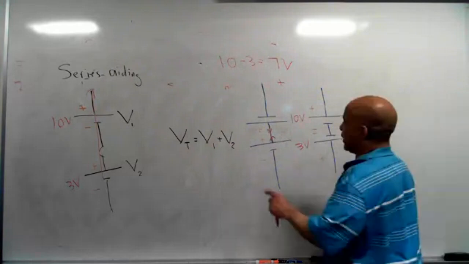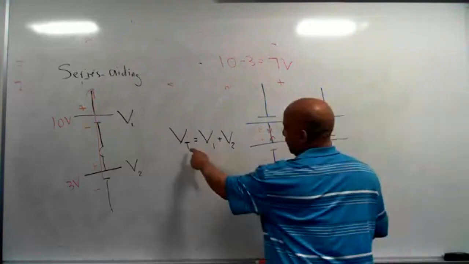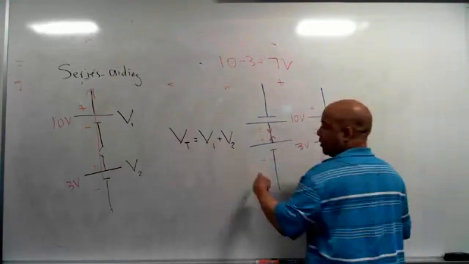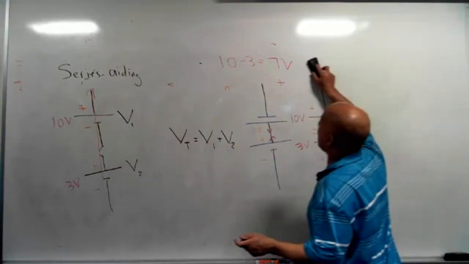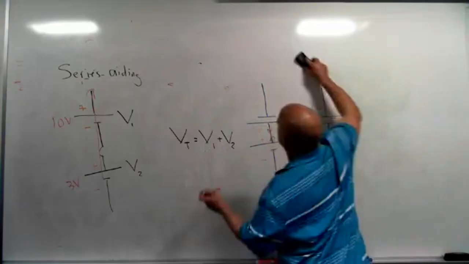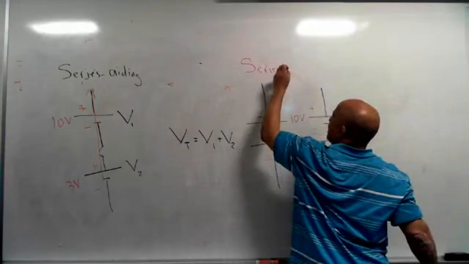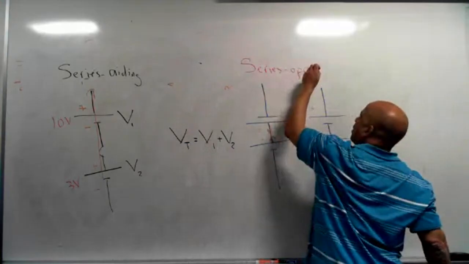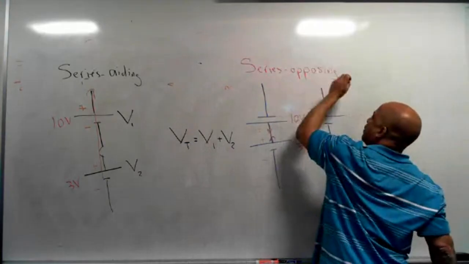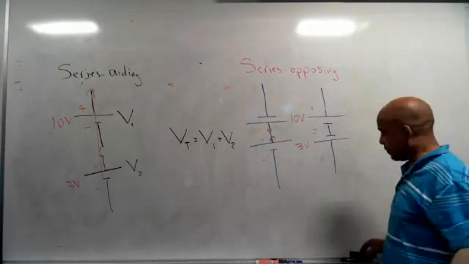So when I have a situation like this, instead of V1 plus V2, I got to do a subtraction. This is called series opposing voltage sources.